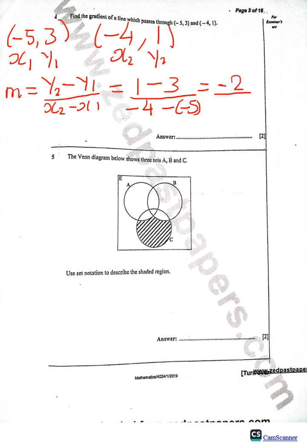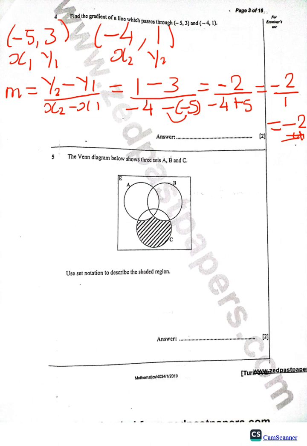We subtract because of the different signs. Then here we are going to get negative 4, negative times negative is positive 5. So now negative 2 over negative 4 plus 5 is positive 1. 1 into negative 2 is negative 2. So this is our gradient.